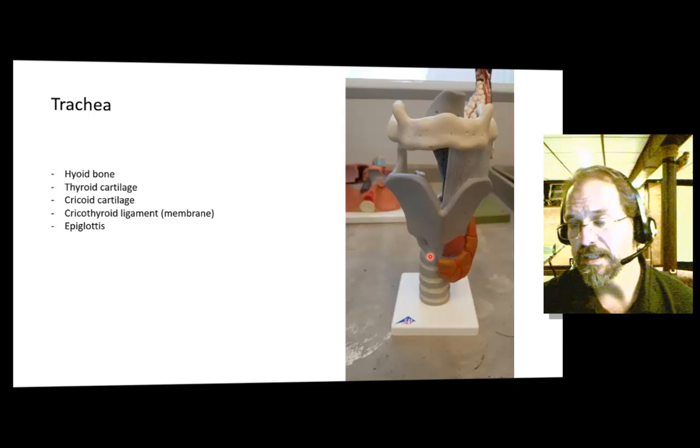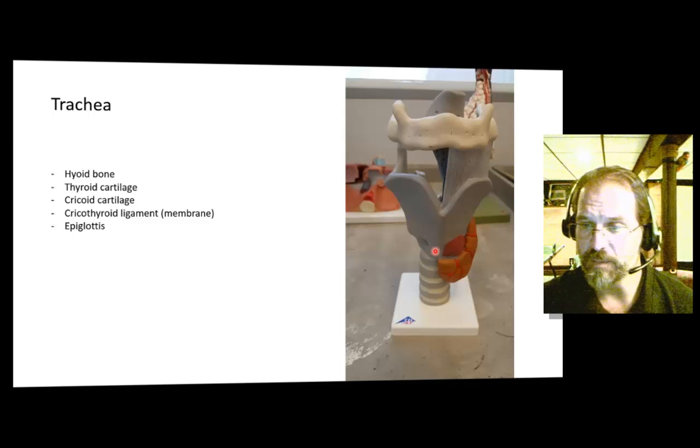The base of the larynx is the cricoid cartilage that we can see right down here that wraps all the way around. And there's a ligamentous membrane that connects the thyroid cartilage to the cricoid cartilage, and that's called the cricothyroid ligament.